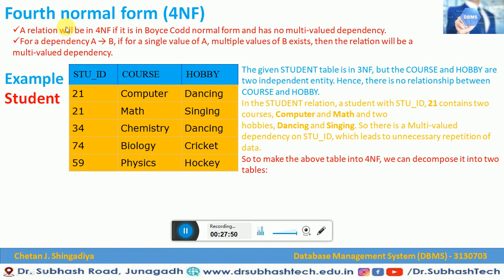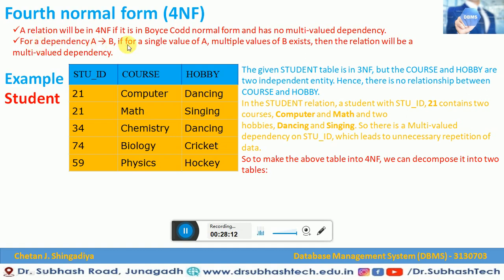Now let us see what the fourth normal form, or 4NF, is. A relation will be in 4NF if it is in BCNF and has no multi-valued dependency. So the first condition for 4NF is that the relation is in BCNF, and it should not contain a multi-valued dependency.